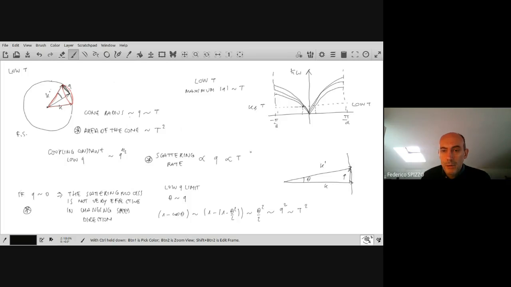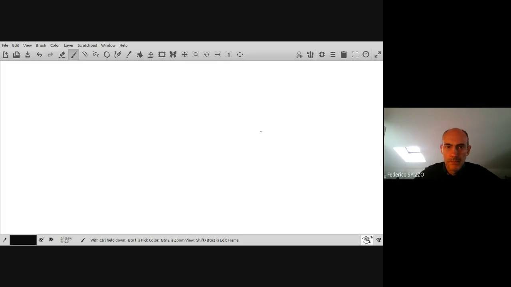So if we now sum up the three contributions, the final result is that when considering the resistivity dependence on temperature, we have T squared due to the geometry or the number of possible final states.